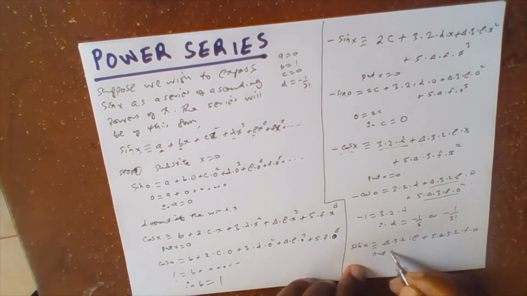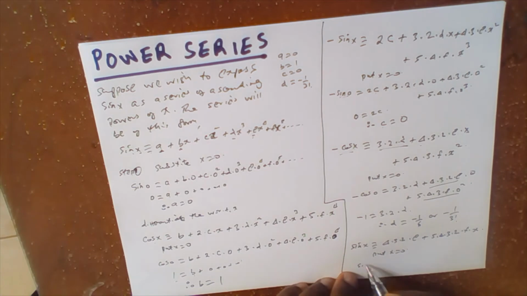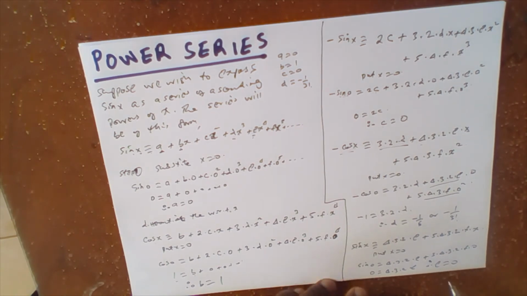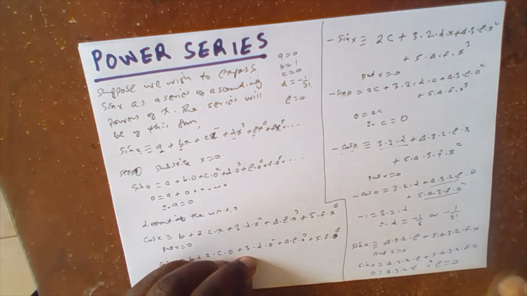Then we put x equals to 0. Therefore, you have sin 0 equals to 4 times 3 times 2 times e plus 5 times 4 times 3 times 2 times f times 0, because x is 0. So sin 0 is 0, so we have 0 equals to 4 times 3 times 2 times e. Therefore, e equals to 0.